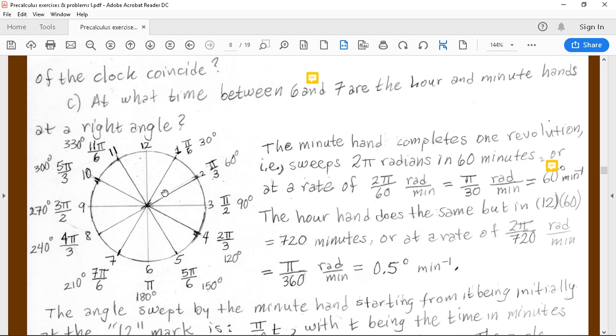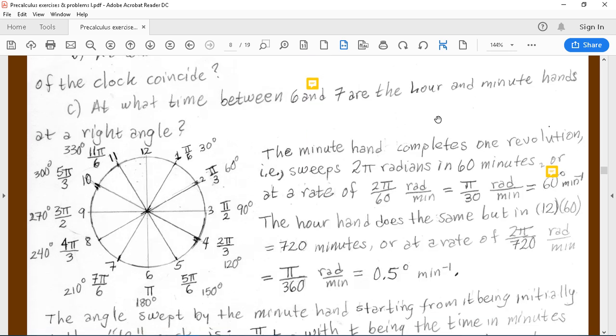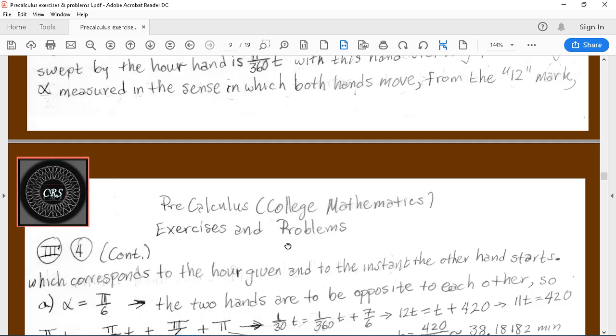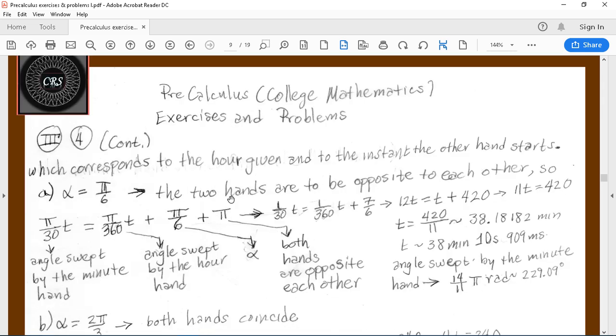That is what we mean by saying that they are opposite to each other. So that difference angle is pi radians.